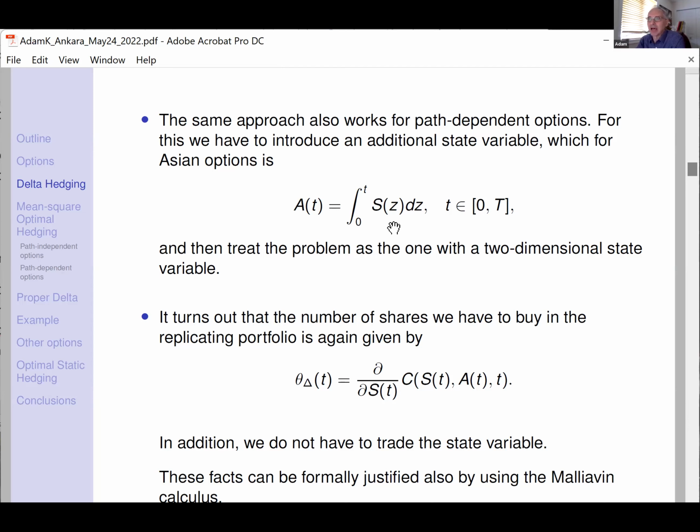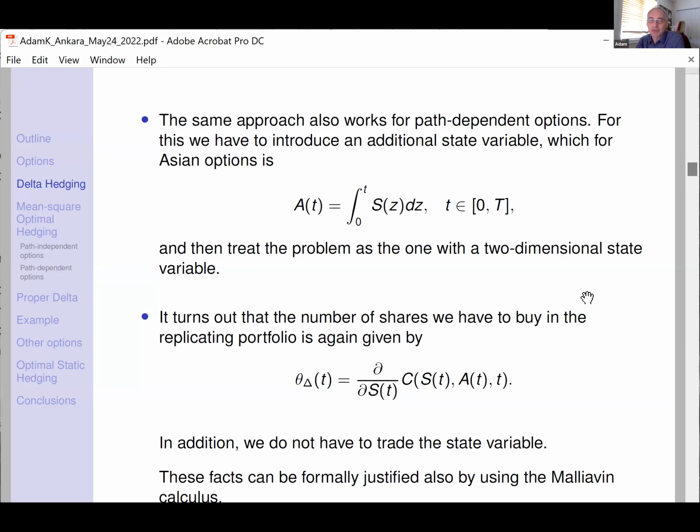So after I add this additional state variable, the derivation is almost identical to the previous one. And at the end, it turns out that the proper delta is again equal to the derivative of the price of the option with respect to the value of the underlying security. In addition, we don't have to trade the state variable.